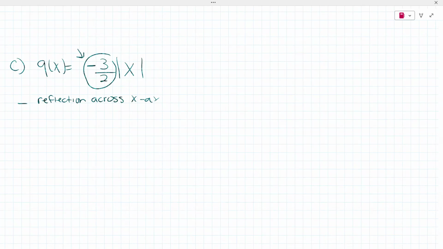So 1.5 is greater than 1, so you have a vertical stretch. What that means is it's going to make it more narrow.